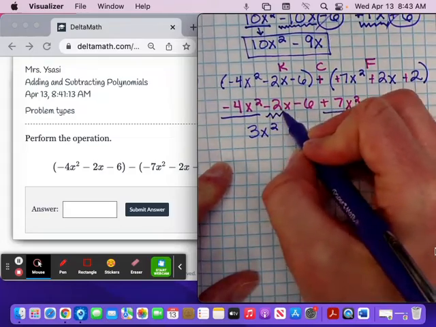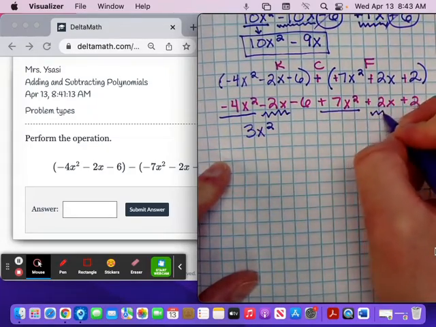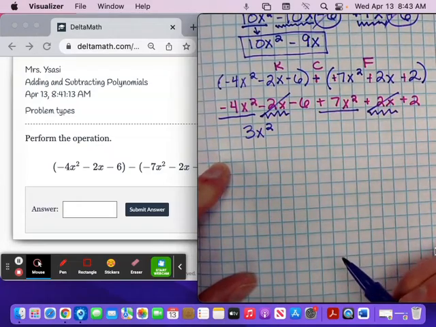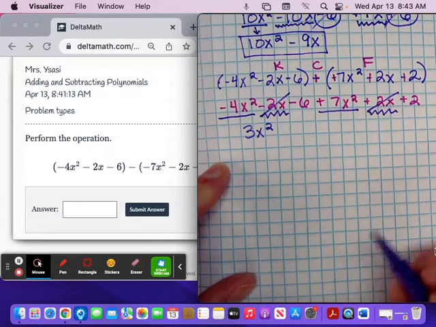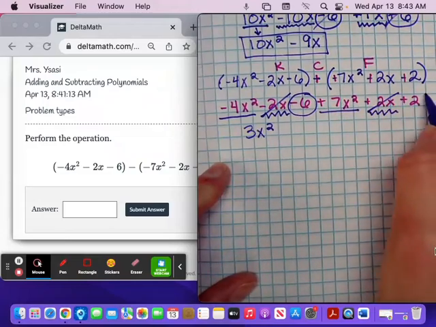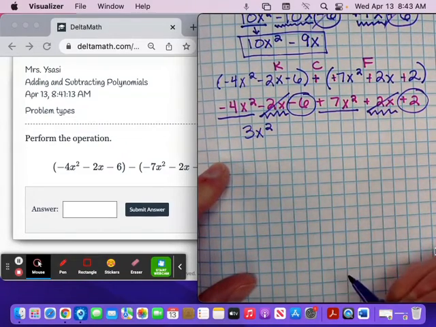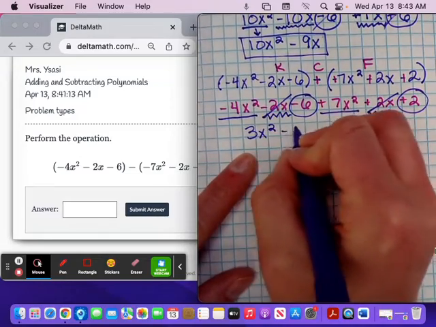And then negative 2x and a positive 2x. It equals 0. I'm going to mark them out. And then negative 6 plus 2. Different signs subtract. Keep the sign of the larger, so minus 4.